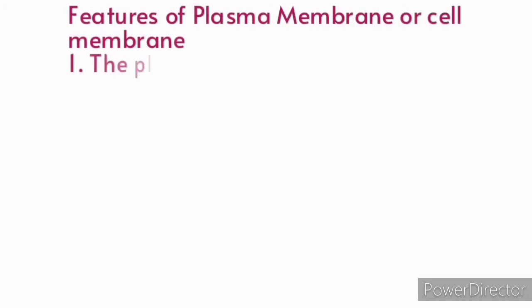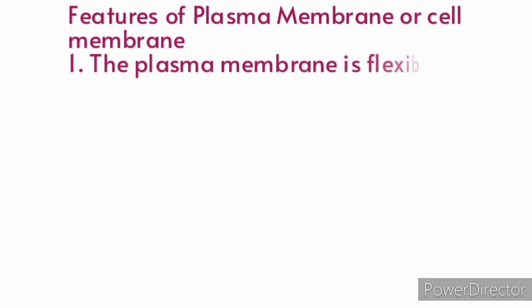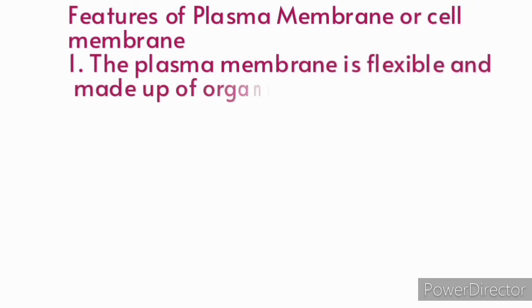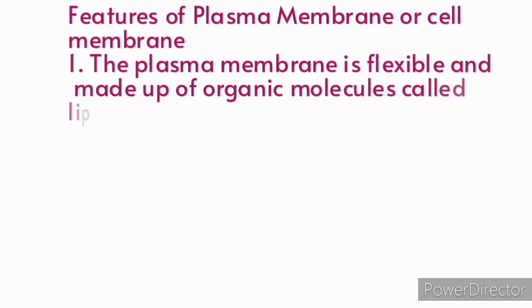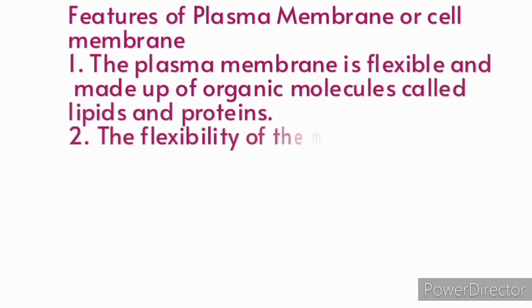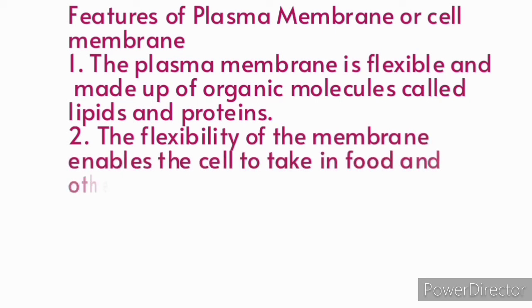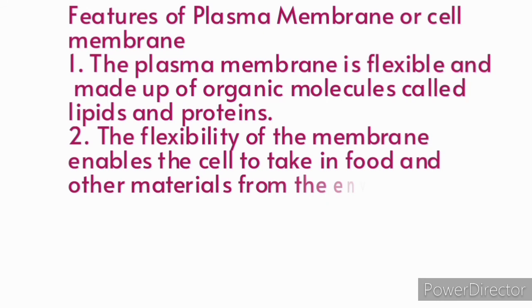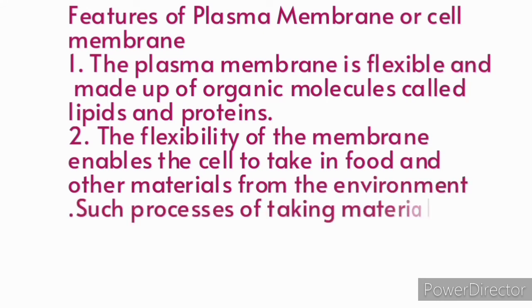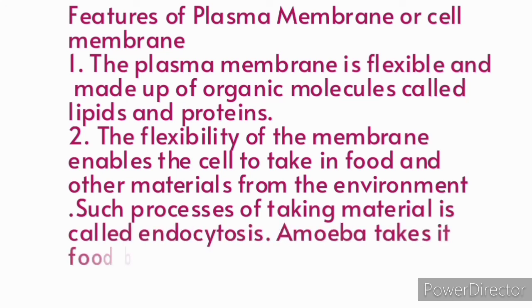First, the plasma membrane is flexible and made up of organic molecules called lipids and proteins. Second, the flexibility of the membrane enables the cell to take in food and other materials from the external environment. Such a process of taking in material is called endocytosis. Amoeba takes its food by such a process.